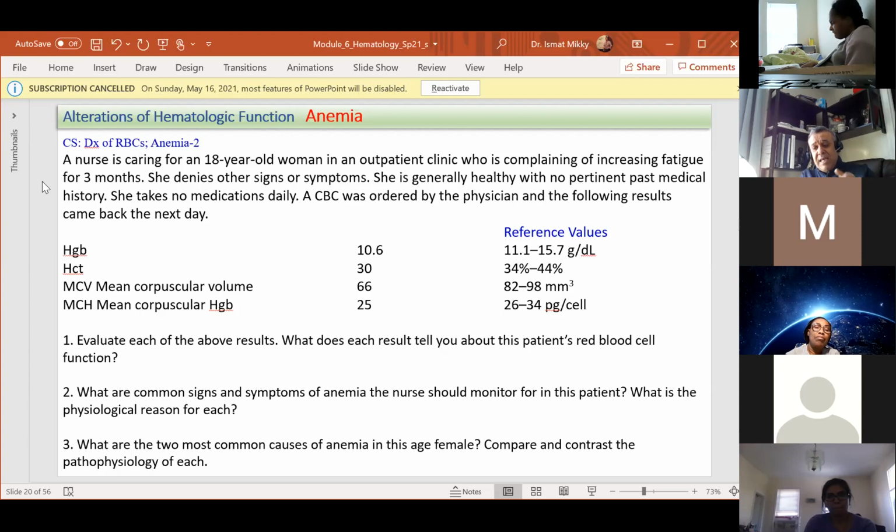And in this case, both the MCV and the MCH are low as well, showing that this patient is experiencing a microcytic hypochromic anemia. Because the MCV is the size, microcytic, and the MCH is the hemoglobin, chromic, so hypo, so both of them low, so microcytic hypochromic anemia.